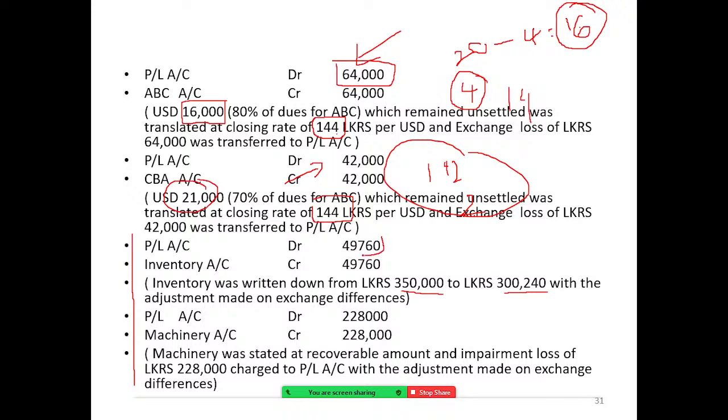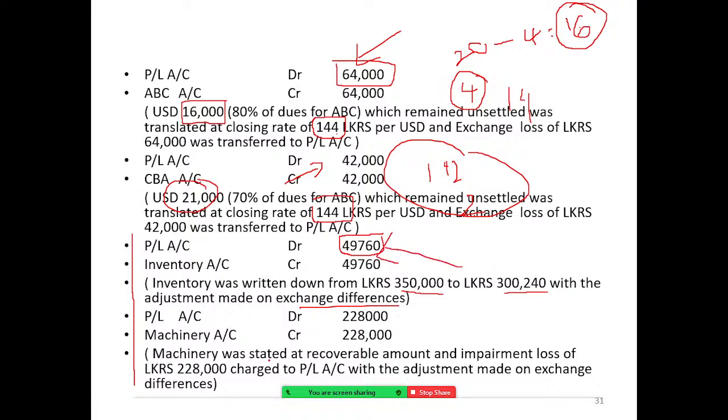Impairment is 49,760. So that will be recorded as a loss in the profit loss account. So inventory was written down, adjustment made on exchange differences. So that will be recorded here.